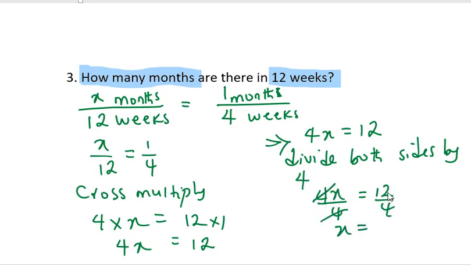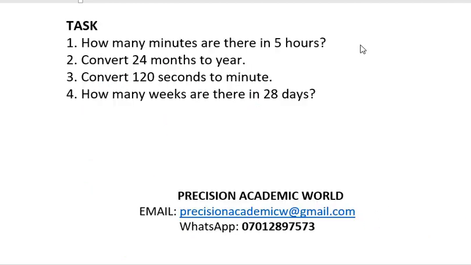And x is equal to 12 divided by 4, which is 3. Right? Yes. And that's it. So 3 what? You check out 3 months. And that's correct. So after solving, endeavor to make sure you include the units. So that's it. We have a task of just four questions.